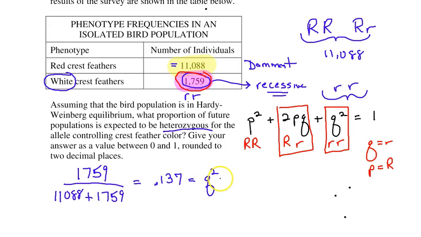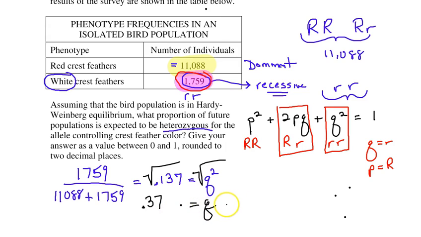So what I'm going to do is I'm going to square root both sides. And what that gives me is Q is equal to the square root of that. So let me do that in my calculator. Square root of that number, and I get Q to equal 0.37.